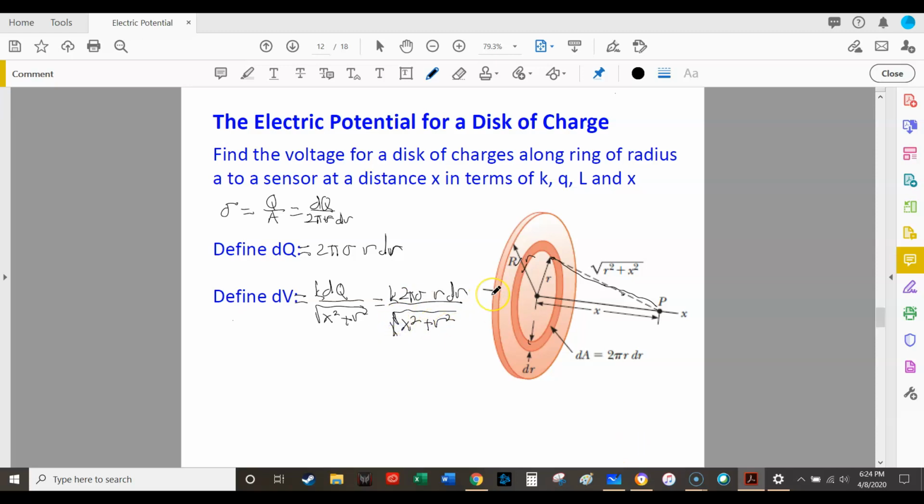And now you've defined how you're going to approach this integral of dV. So how you're going to integrate dV. Let's go ahead and try it.